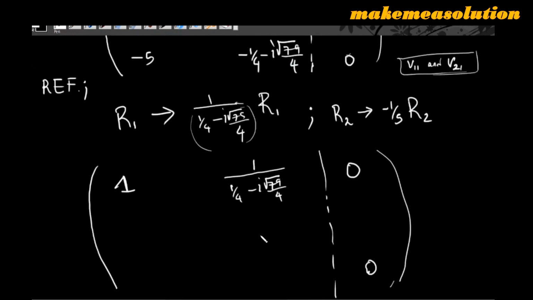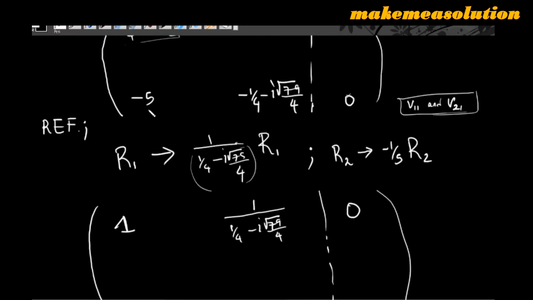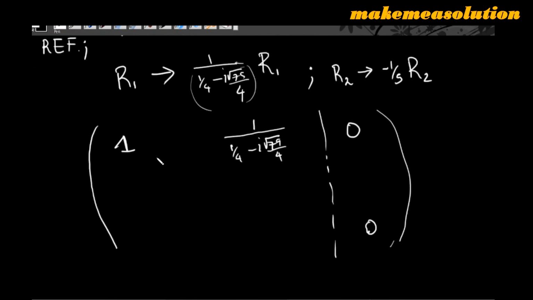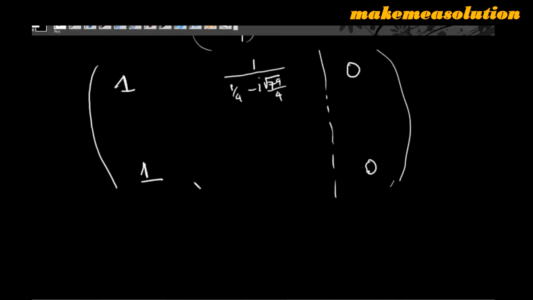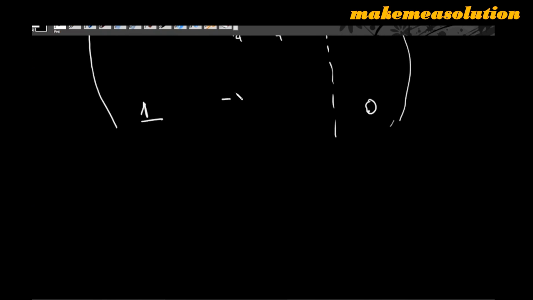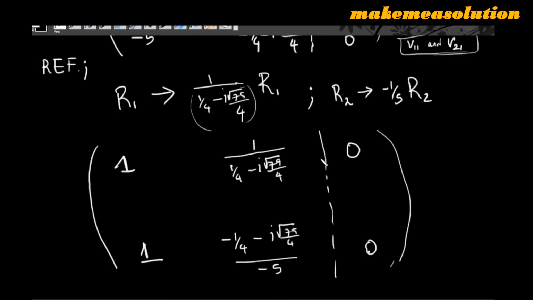Because 0 divided by anything is 0, minus 5 divided by minus 5 is going to give you 1. Then this term divided by minus 5 is going to give you minus 1 over 4 minus i root 79 over 4 divided by minus 5. Is that okay? And definitely 0 divided by minus 5 is going to be 0.